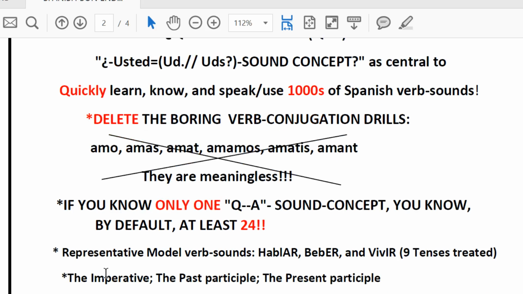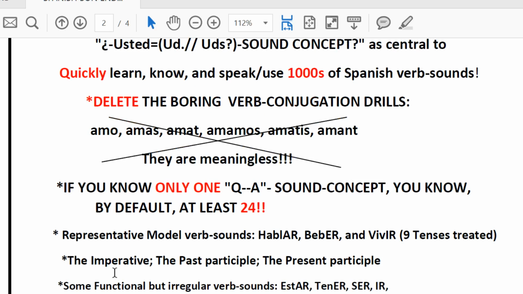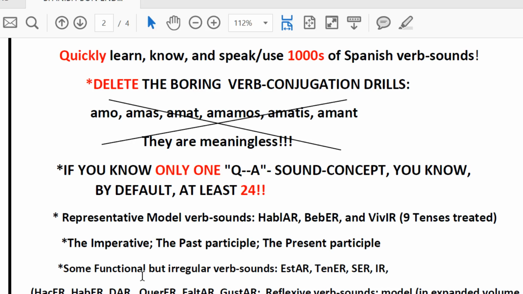I treat the imperative, the past participle, as well as the present participle. I treat some functional but irregular verb sounds like estar, tener, ser, and ir.